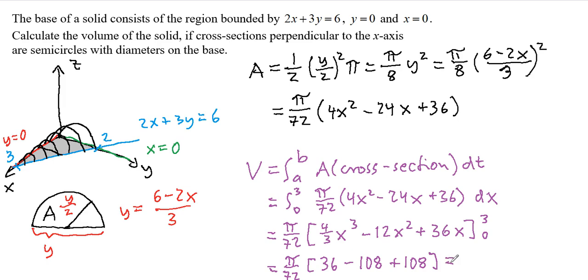Negative 108 plus 108 is 0, and 36 over 72 leaves us with a half, and we get pi over 2 cubic units for the volume of the given solid.